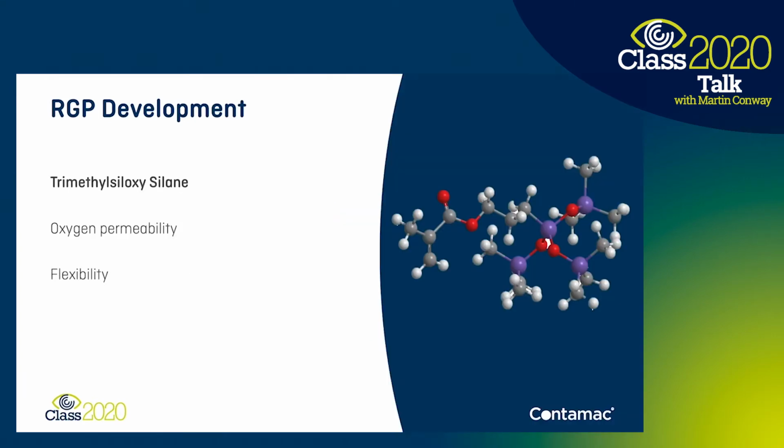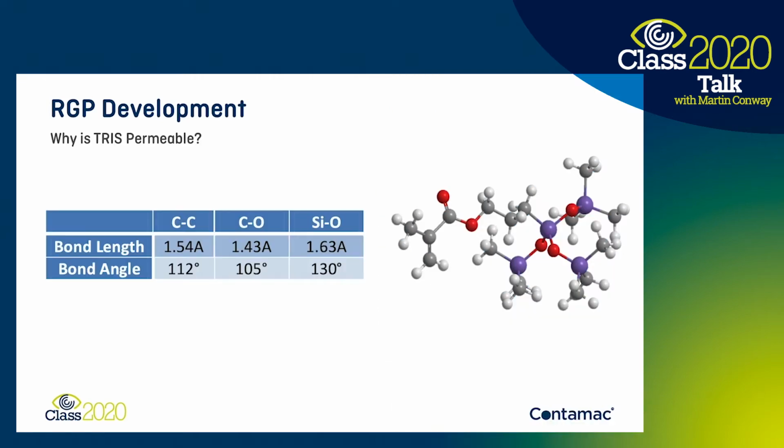And tris is short for trimethylsiloxysilane, for those of you who wish to try your tongue twister skills, otherwise known as tris. And it principally involves increasing the oxygen permeability and also the flexibility of the lens, the bendiness of the lens.